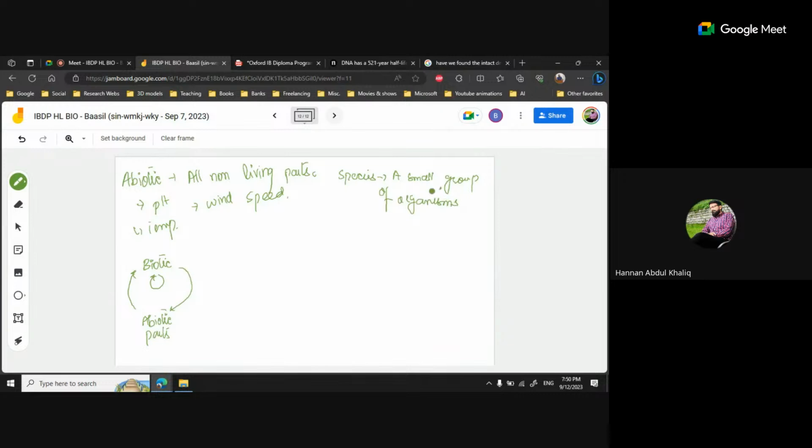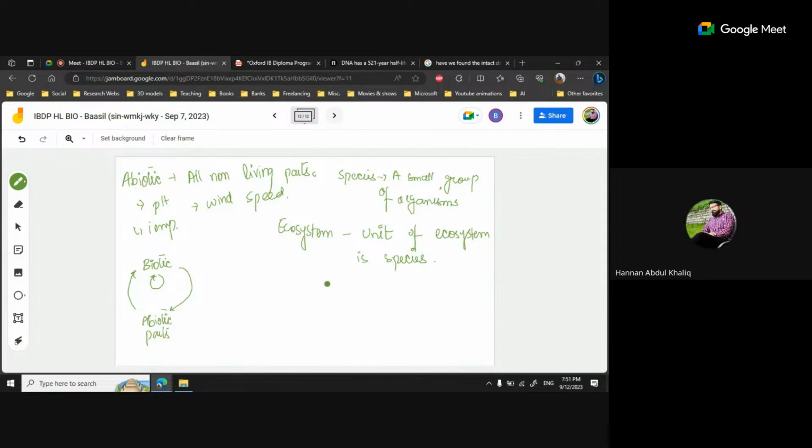Although we do know, before studying any ecosystem, we must know that when it comes to ecosystem, the unit of ecosystem is the species. What does it mean? It means that the more the species, the more stable would be the ecosystem.